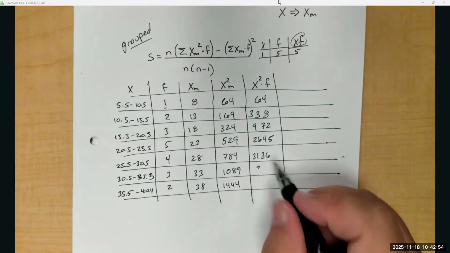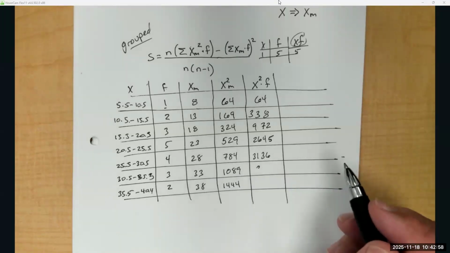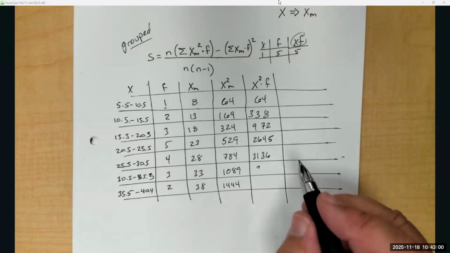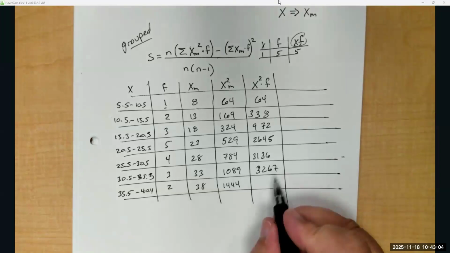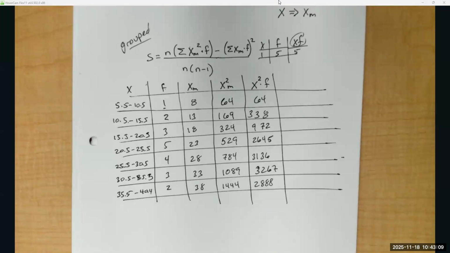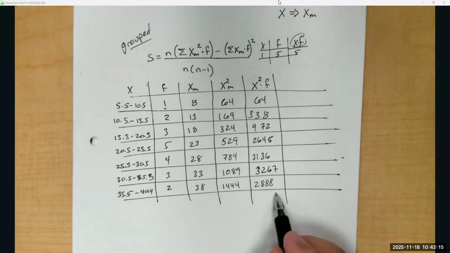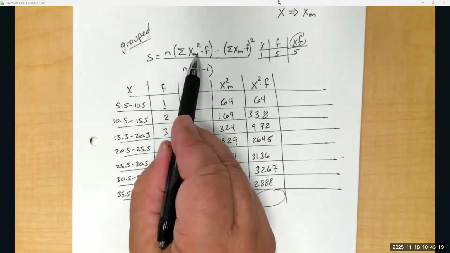Can't be. 3 times 1,000 is 3,000. 3267 and 2888. So we add up all these. That goes in the first parenthesis.